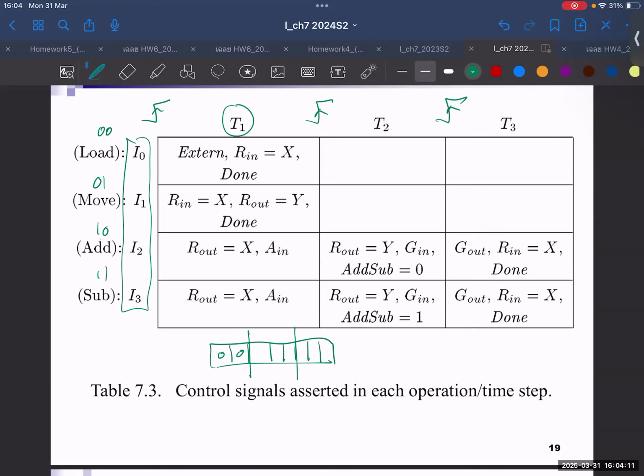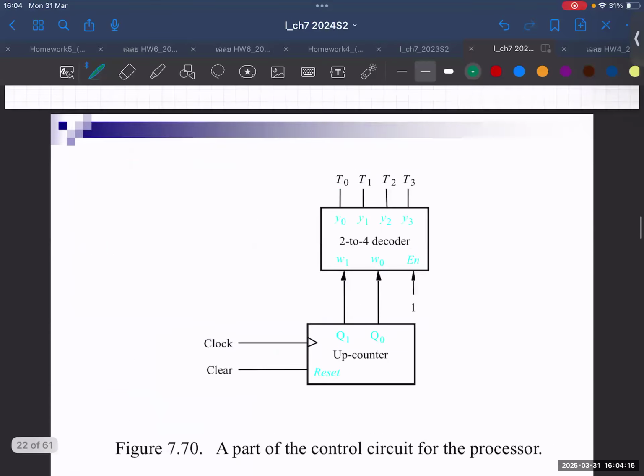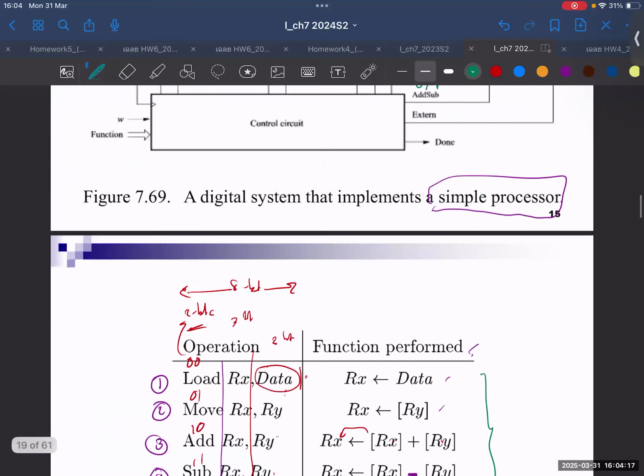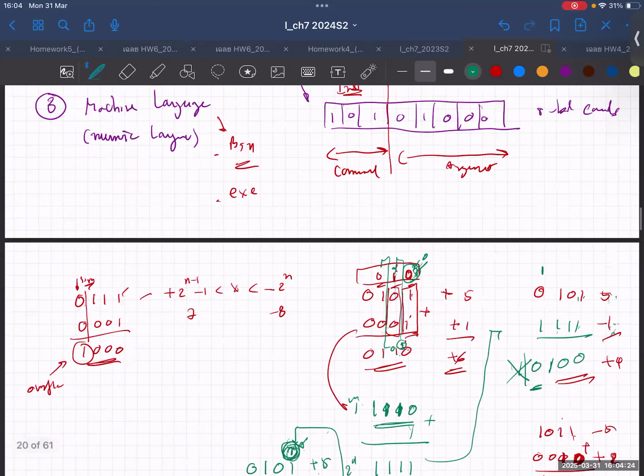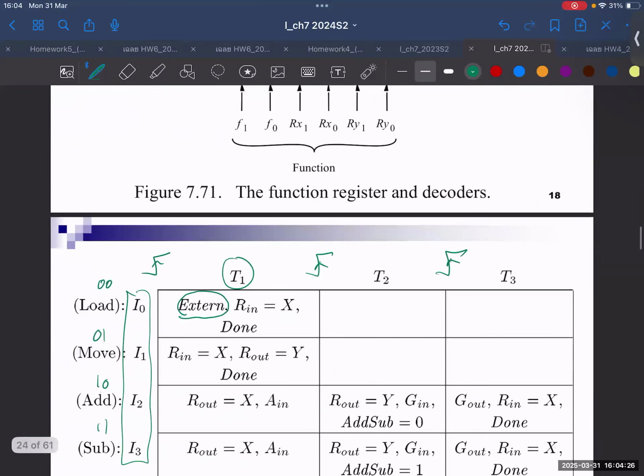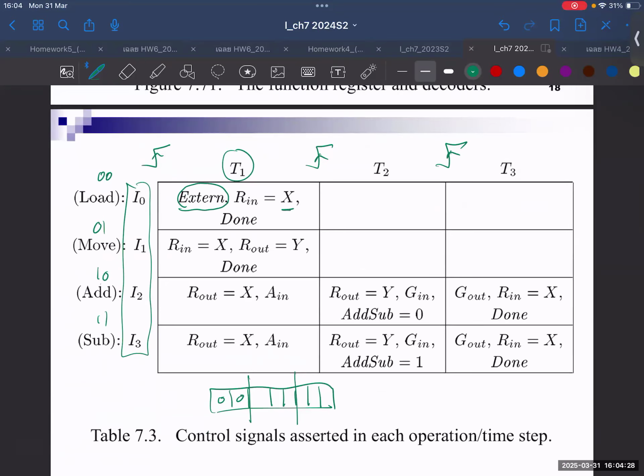Okay. So load, you bring the data from external. Here is the external one. You bring the data from external, go in there to any register. X is any register. Okay, so you bring it in there, and then it's done.